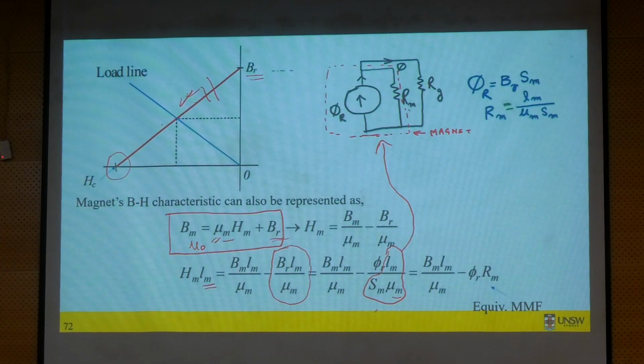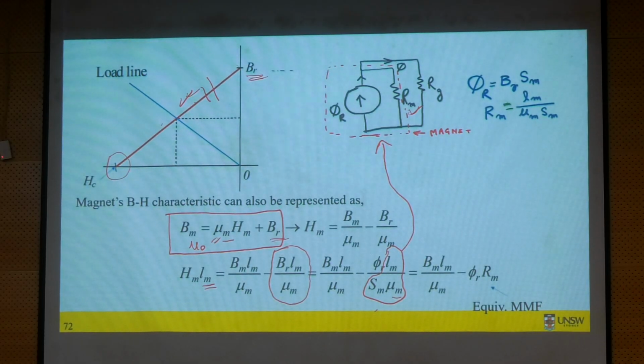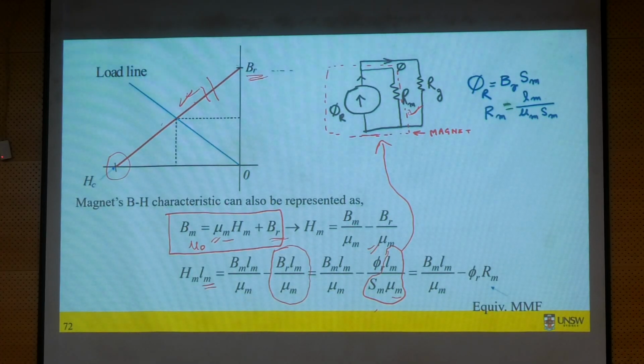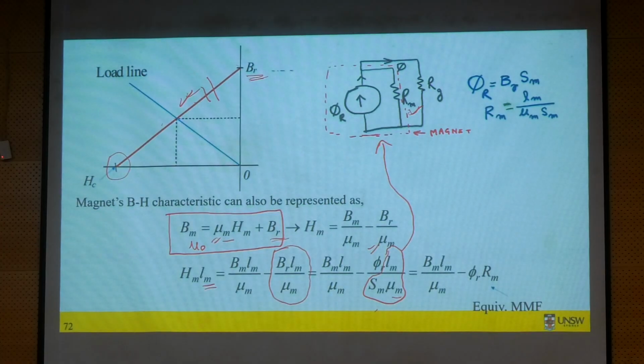You can always calculate this reluctance value, and the flux source phi r is simply, you know your remanence flux density, and you know the cross-sectional area of your magnet, so you can also calculate this flux phi r. Okay, so the magnet can be represented by these two.